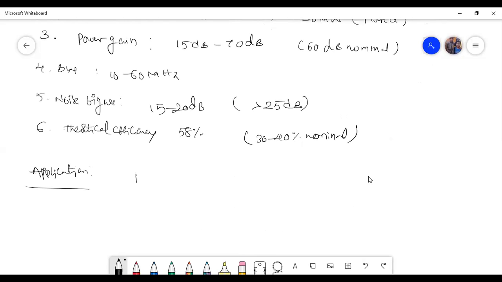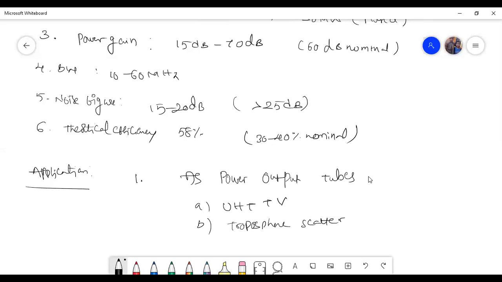You can use this as power output tubes, that is in UHF TV transmitters, and in troposphere scatter transmitters, and satellite communications and radar transmitters.